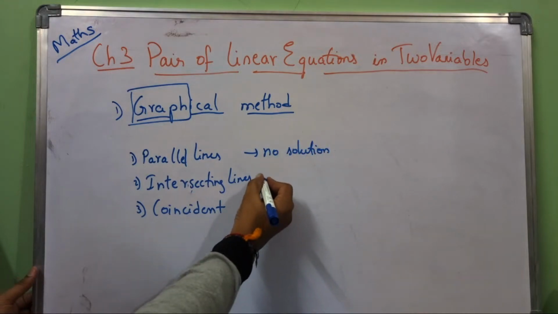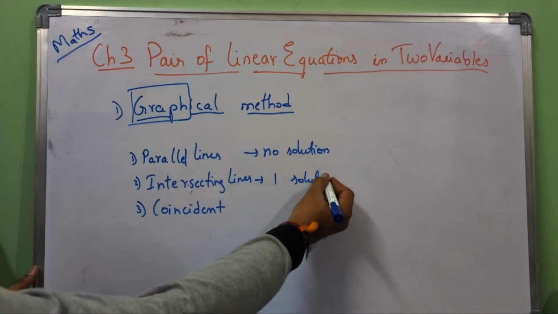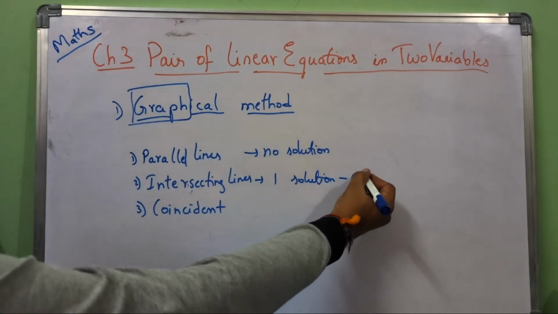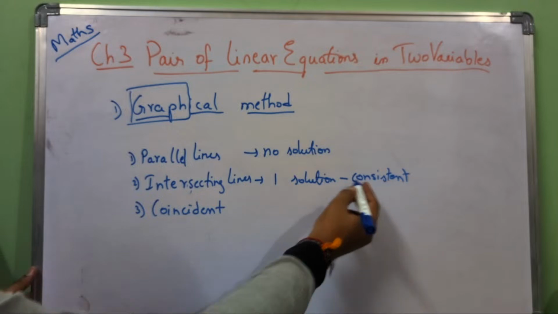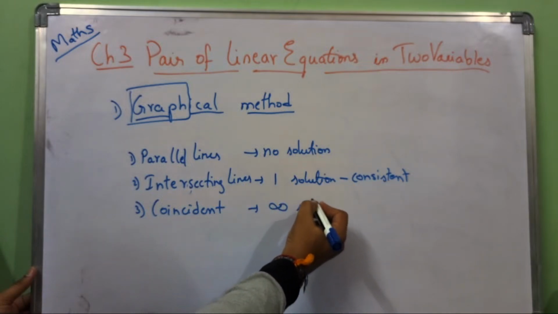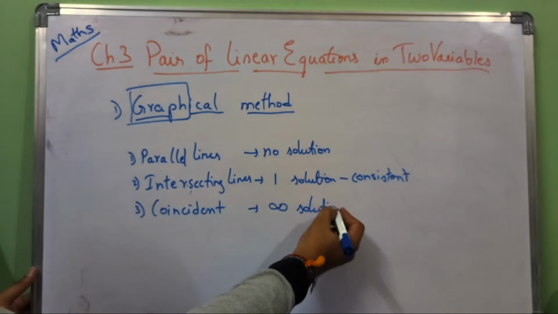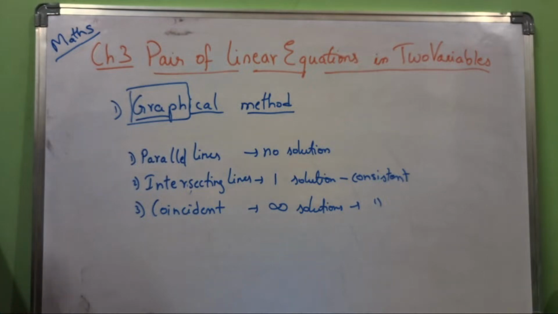If 2 lines are intersecting, we have one solution, and we also call this consistent because we have a solution here. Whereas for coincident lines, we have infinite solutions. We also call it consistent because we have a solution here. Whereas for parallel lines, there is no solution.